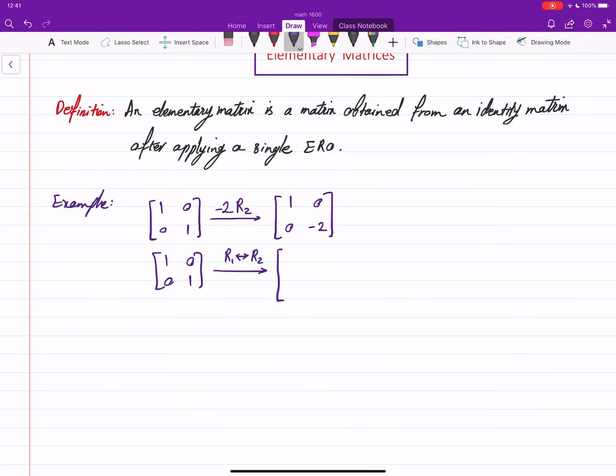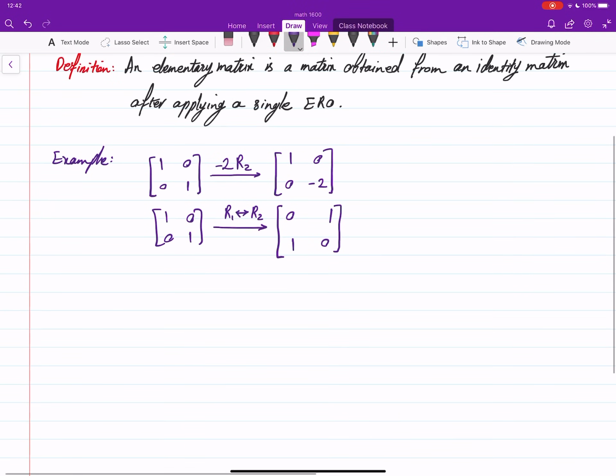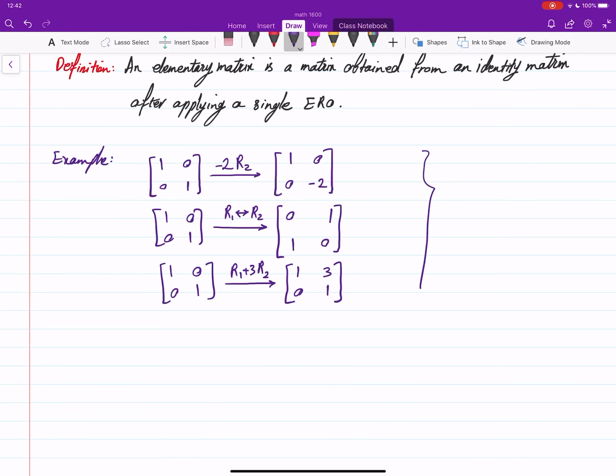This will give us 0, 1, 1, 0. And for this one, we can, for example, do 3 times row 2 added to row 1. So this will give us 1, 3, 0, 1. So these are examples of elementary matrices.